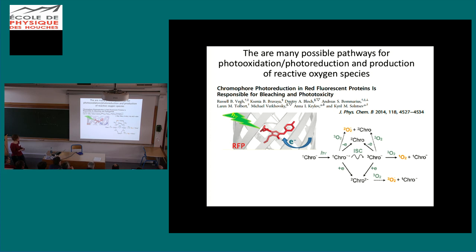If you convert to the triplet, you may know, how many people have taken introductory chemistry? Everybody? Okay, so you may know that oxygen has a triplet ground state, and so if this converts to the triplet, that increases the probability that you can get oxidation, a reaction with oxygen to produce singlet oxygen.